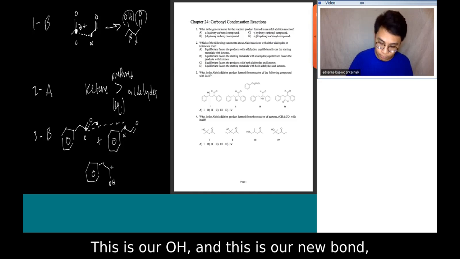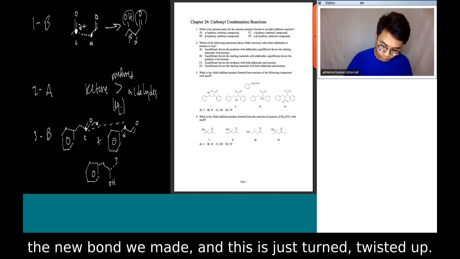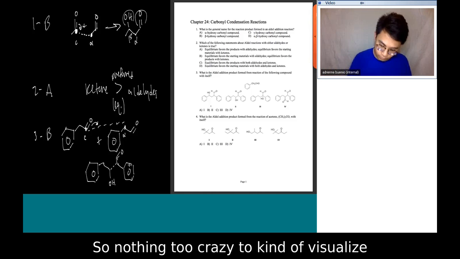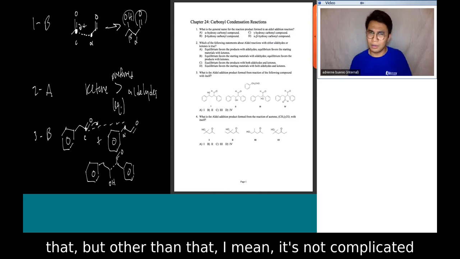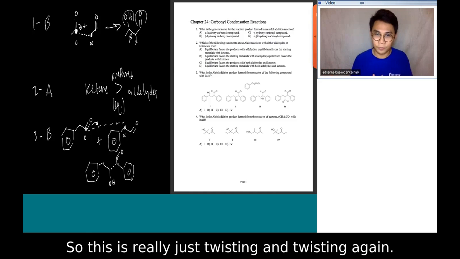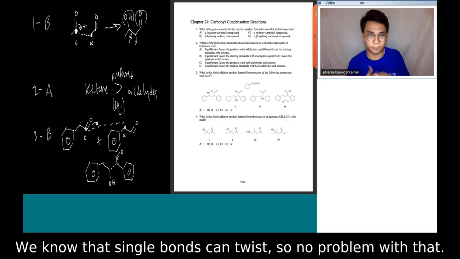And this is our new bond, the new bond we made, and this was just twisted up, right? So nothing too crazy, so kind of visualize that. Other than that, it's not complicated visual wise, it's not like the R and S or the 3D or the chair conformations, right? So this is just twisting and then twisting again. We know single bonds can twist, so no problem with that.